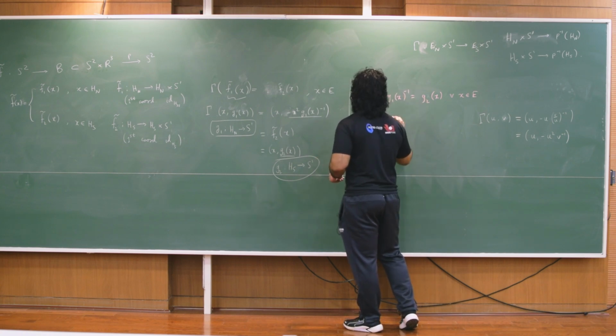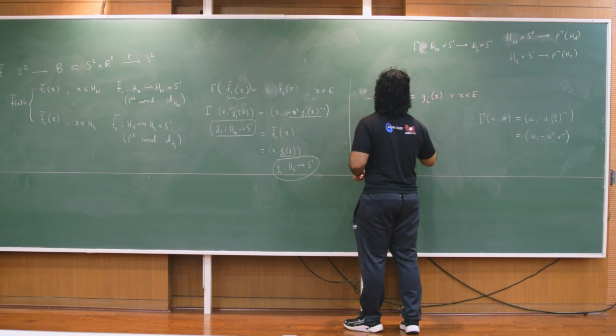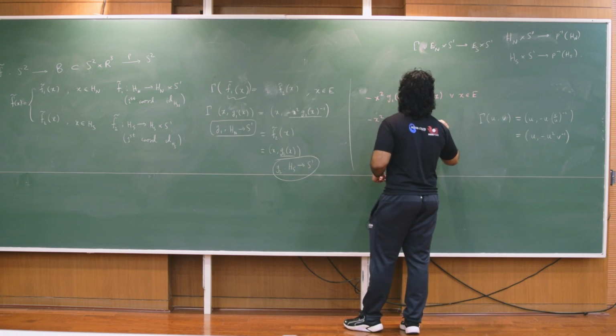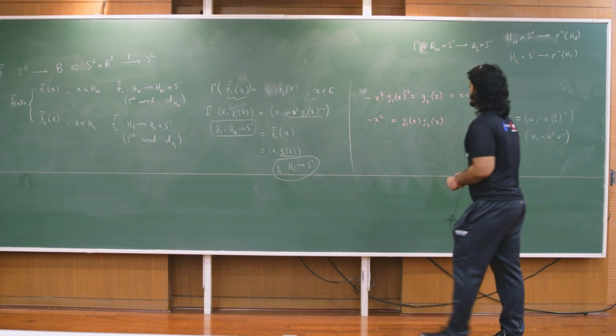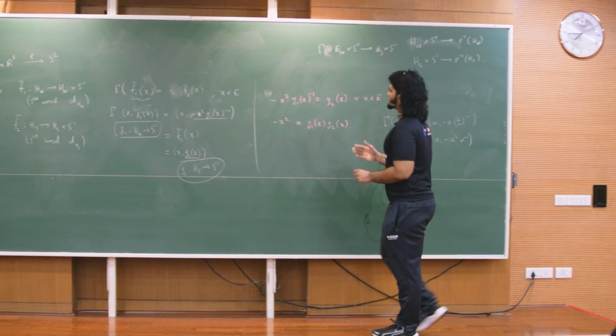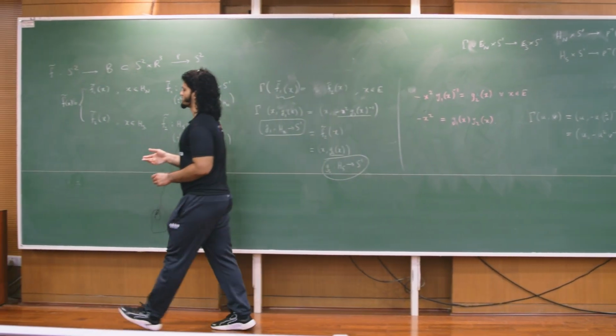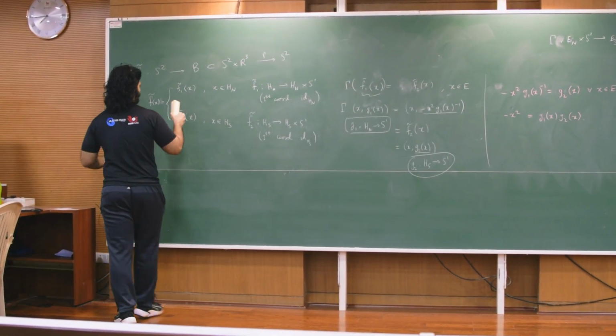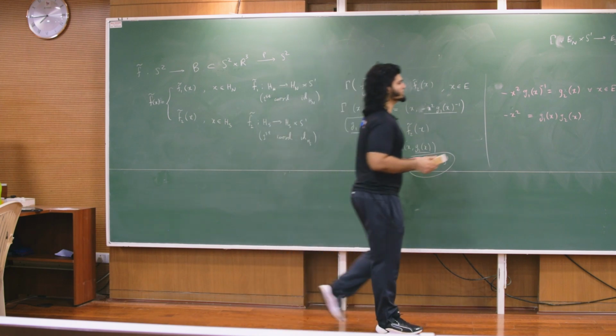So you have this. And now recall that x is on a circle, right? E is just a circle, it's the equatorial circle.